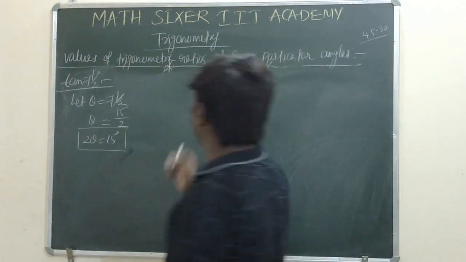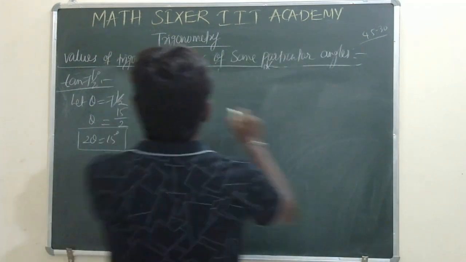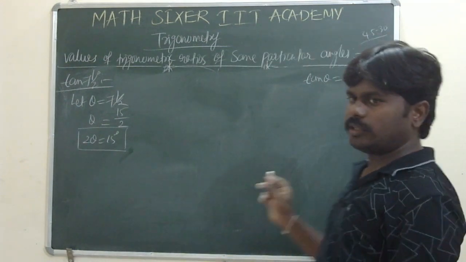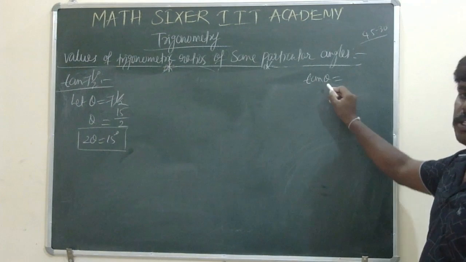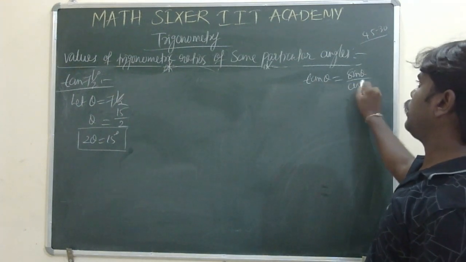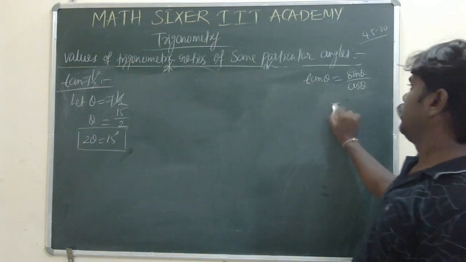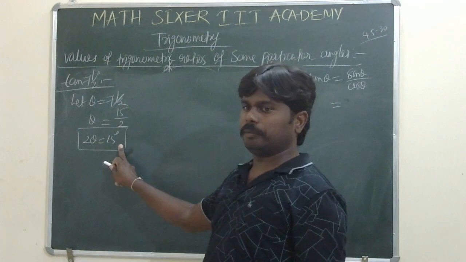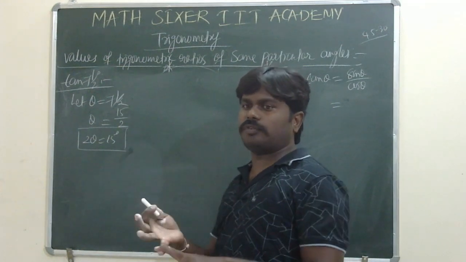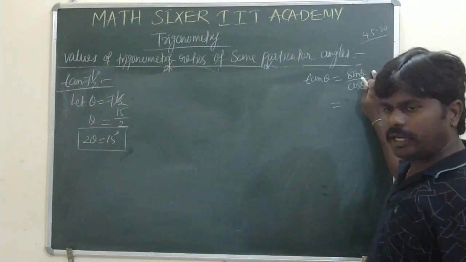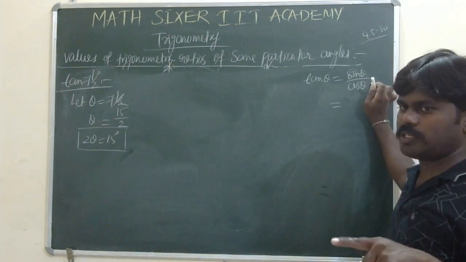Here some simple derivation is there that I will explain first. So tan theta is equals to sin theta by cos theta. Now theta is 7 by 2, but 2 theta is equals to 15 degrees. So sin 15 and cos 15 values we know. So the numerator and denominator we have to express in terms of 2 theta.